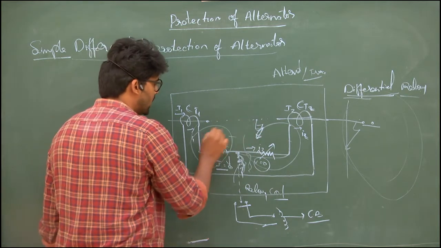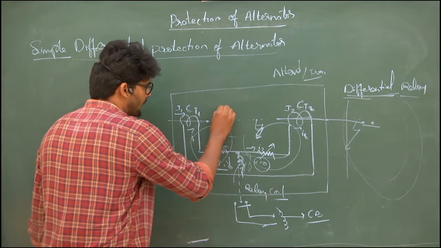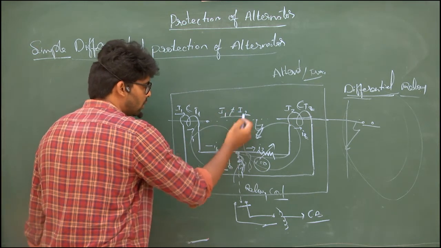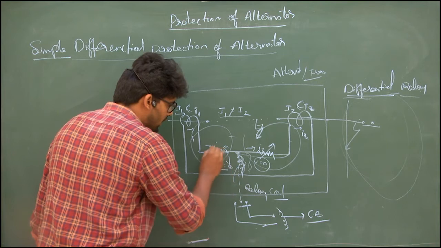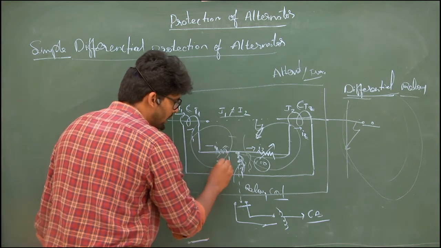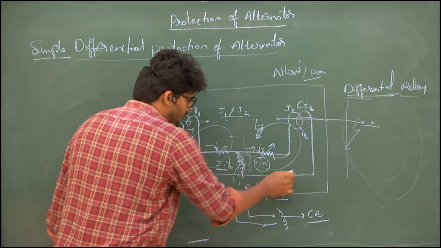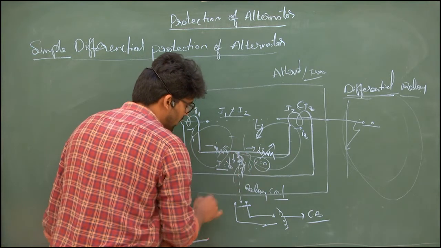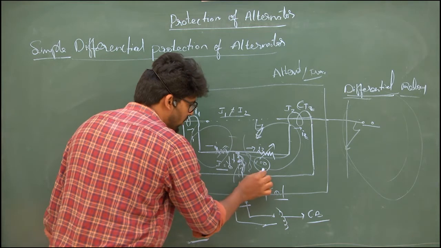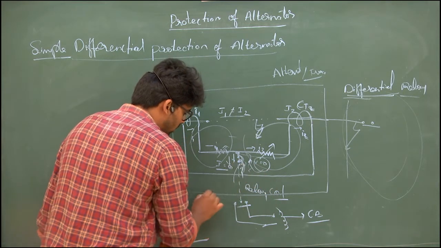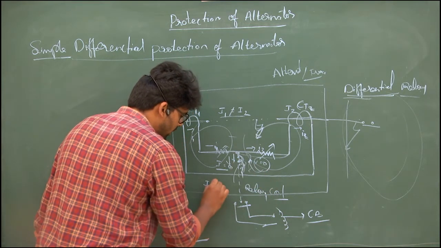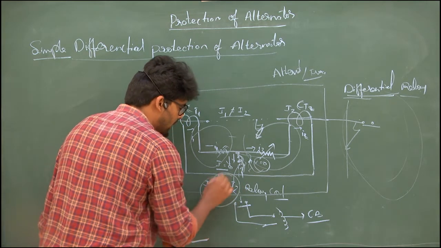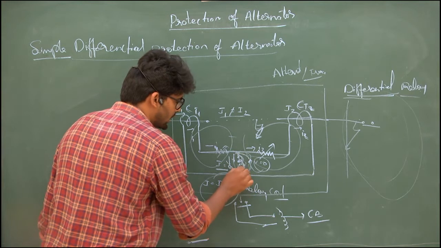At this condition, the current I1 will not be equal to I2. The current I1 will flow in this direction, and I2 will flow in the other direction. Therefore, the current flowing through the coil will be equal to I1 minus I2. This difference is forced through this coil.